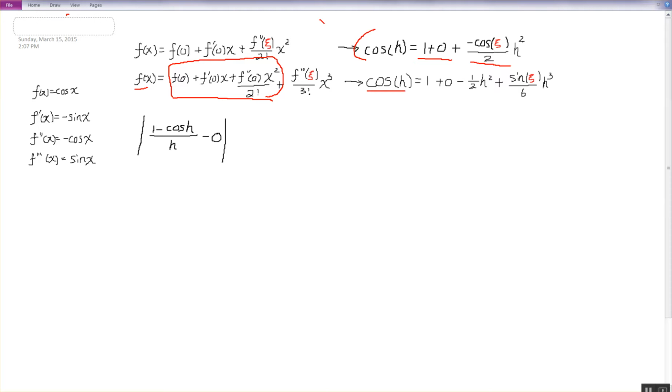And now I just apply that. So cosine h is, again, these two terms we just talked about. Now let's look at the next term. The second derivative is negative cosine, so when I plug in 0, it's going to be negative 1. So negative 1 over 2 factorial, which is 2, and then h squared. And this is my remainder term. Now this is supposed to be xi, so I plug xi into the third derivative, which is sine. So sine of xi over 3 factorial, which is 6, h cubed.